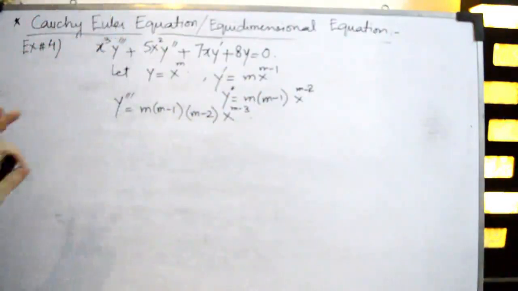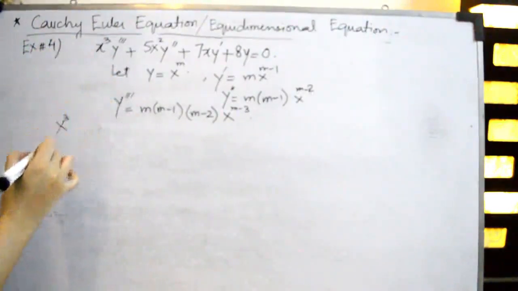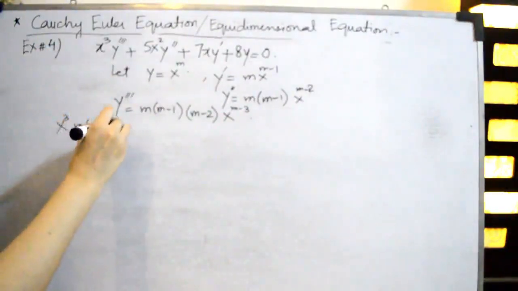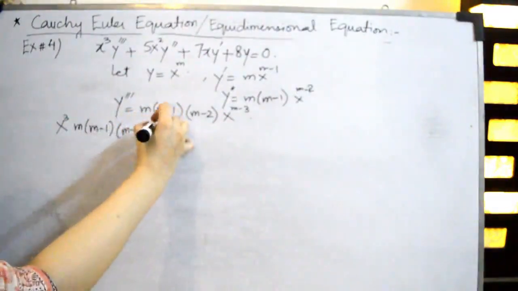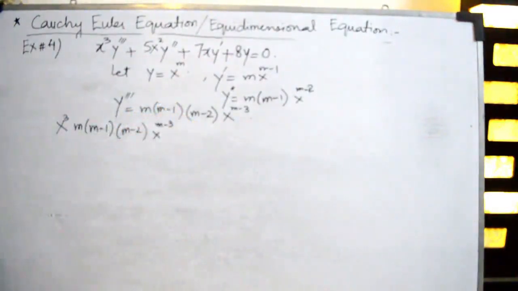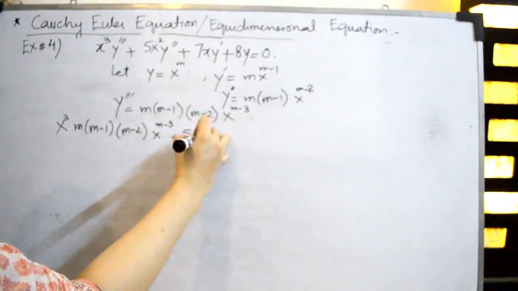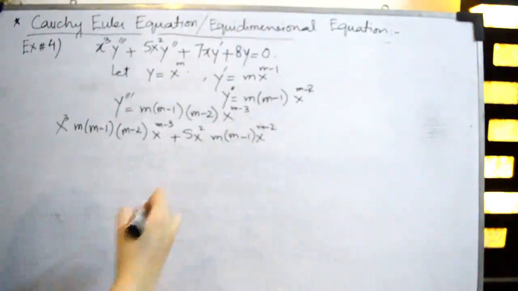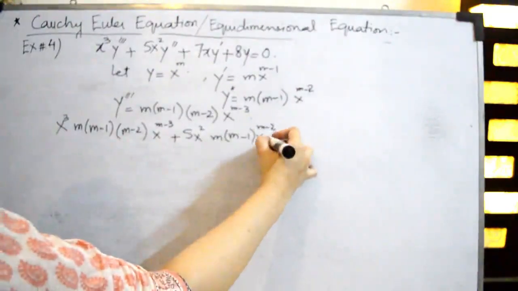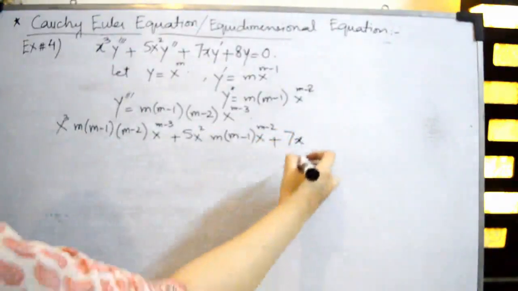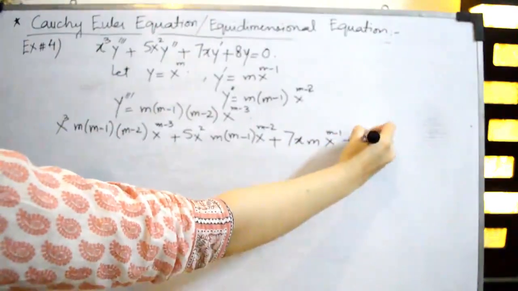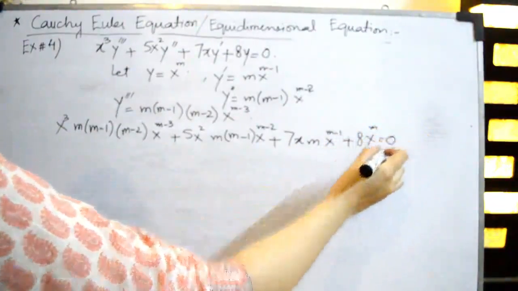Now replace all these derivatives and y in this equation. That makes it x cube y triple dash, which is m into m minus 1 into m minus 2 x to the power m minus 3, plus 5x square m into m minus 1 x to the power m minus 2, plus 7x m x to the power m minus 1, plus 8 x to the power m equals 0.